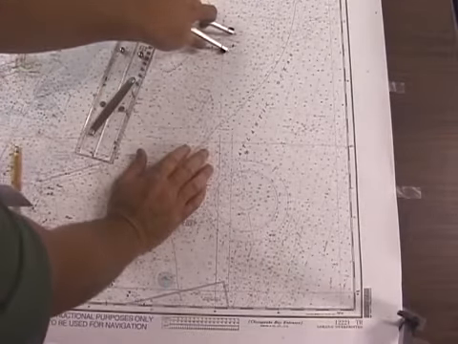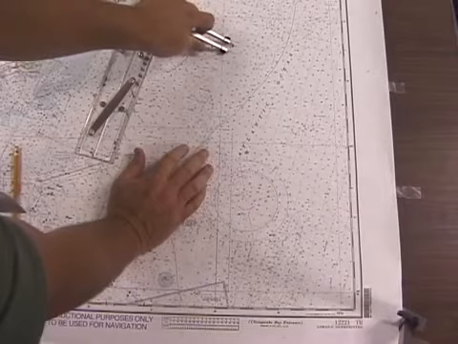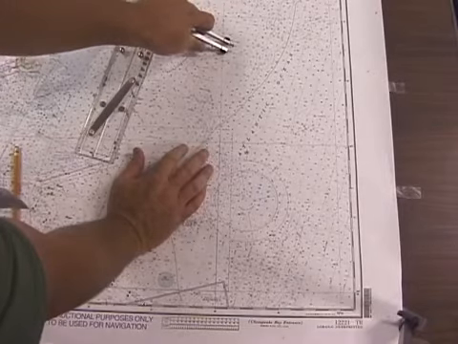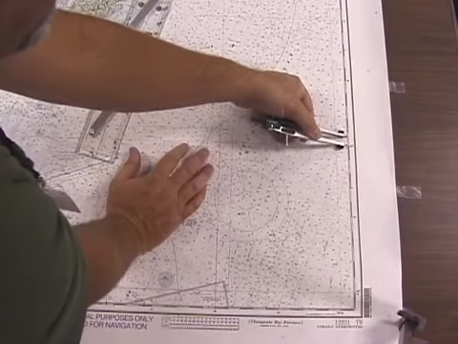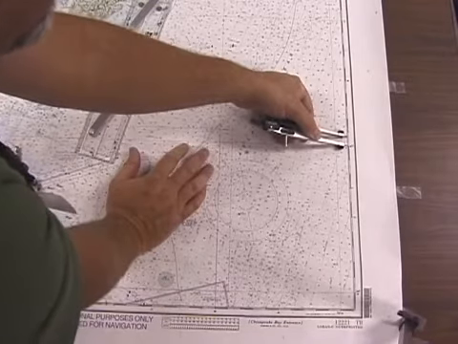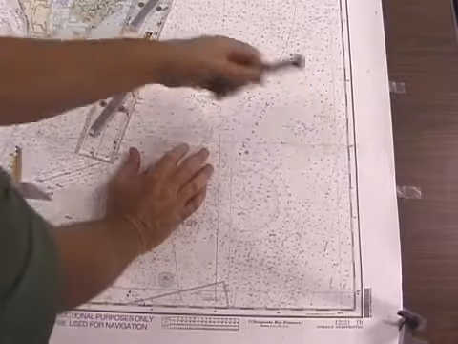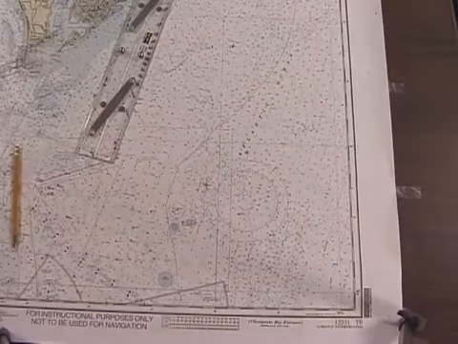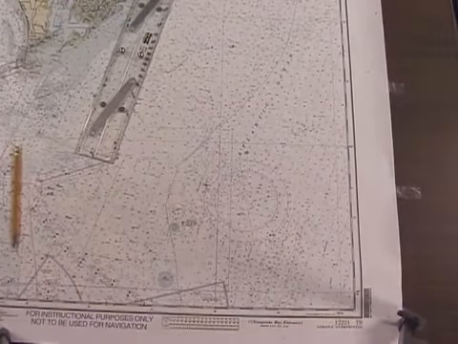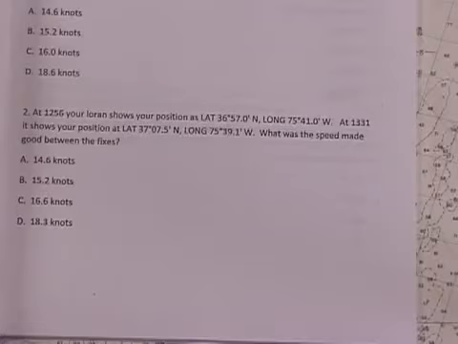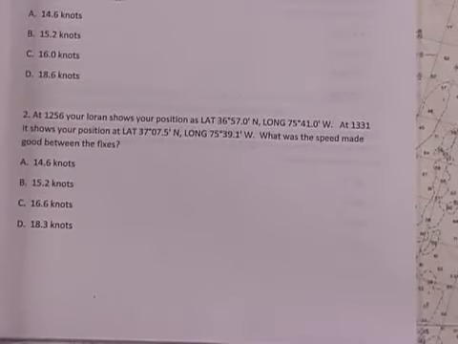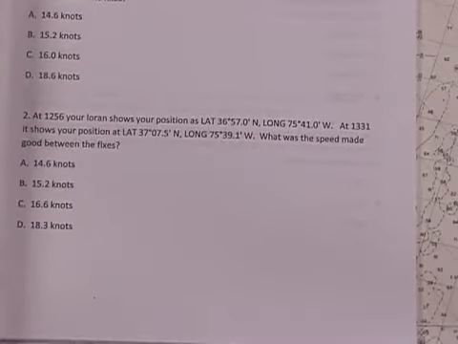So I take my mark, put it on 10 miles, point on 10 miles, the other point at my position, and I come over to the latitude line and I find out it's 0.7. So it's 10.7 miles is the distance that I traveled. So I found out my distance is 10.7 miles.